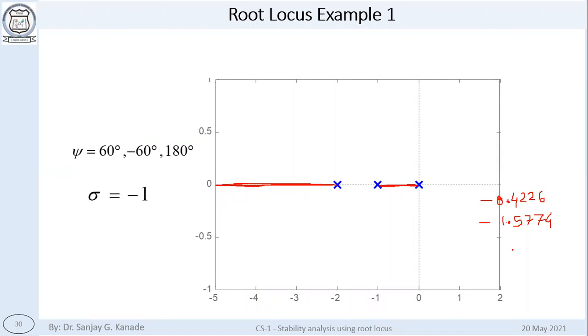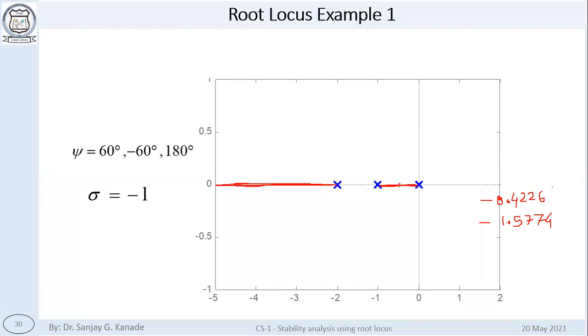Now, since it is a breakaway point, it has to be on the real axis locus. That is the first logical condition: if it is a breakaway point, means the root locus is breaking, means it is part of the root locus. That point has to be part of the root locus. So which one of these is part of the root locus? Where is 0.4226?